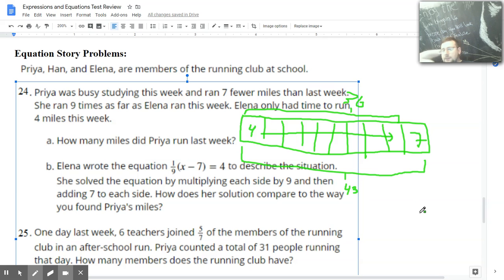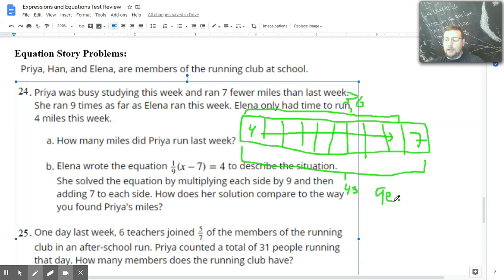So this is a tough problem, but you can reason it out with a diagram. You don't even need to necessarily write an equation. The other way you can think about it is that you say she ran 9 times as much as Elena, and that is what Priya ran this week.